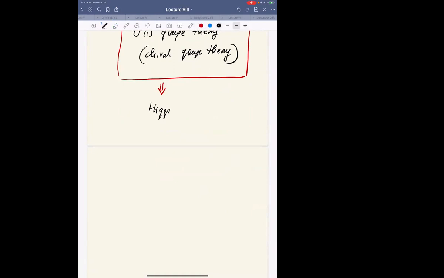It was not studied just by Higgs. Tell you what, there are other people who studied it: Englert, Brout, and Englert around the same time, and some other people. Englert actually shared the Nobel Prize with Higgs.